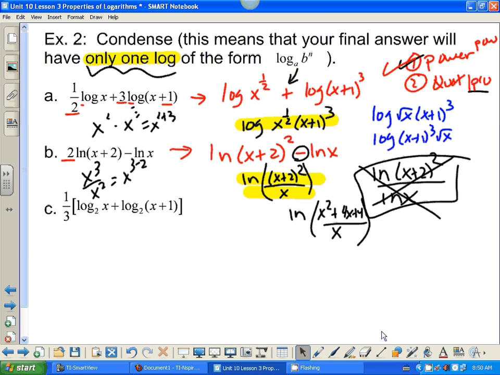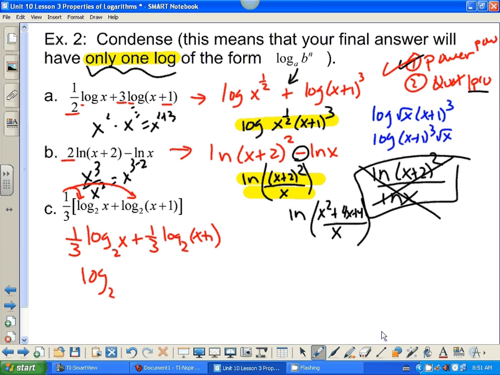All right, last but not least, be careful on these with brackets and tons of parentheses. I have 1/3, and I'm going to distribute that to both terms. So I have 1/3 log base 2 of x plus 1/3 log base 2 of x plus 1. I'm going to do my power to a power, so this 1/3 becomes a power on the x.